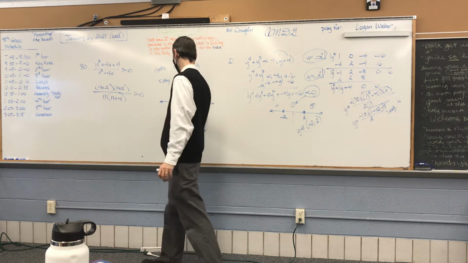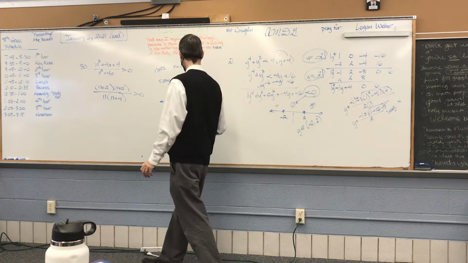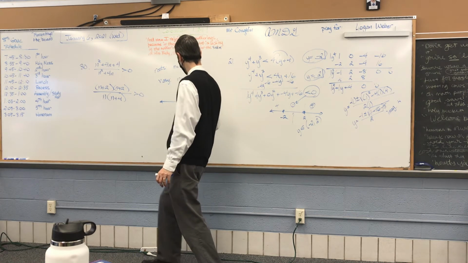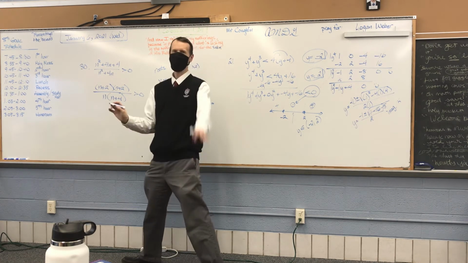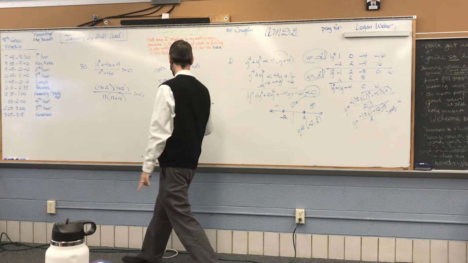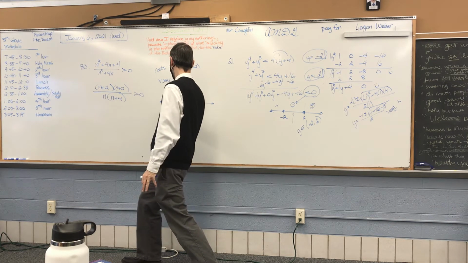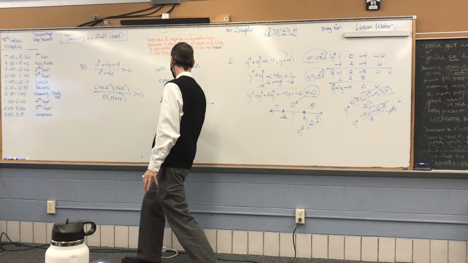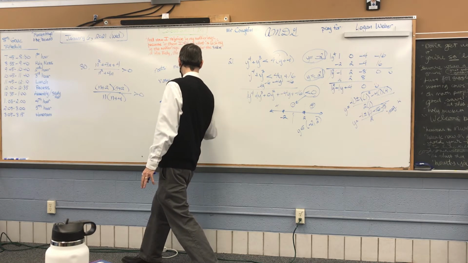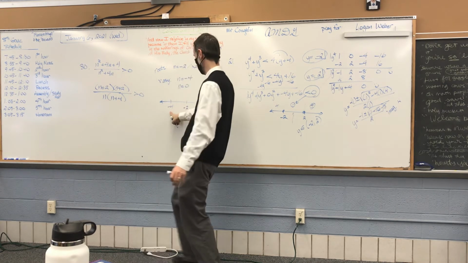Dylan, take over. Mark them. You want me to put them on the graph? Please. And I'll answer your question in just a second. I have not forgotten. So do 0, or we can start with -4. What do I put at -4?